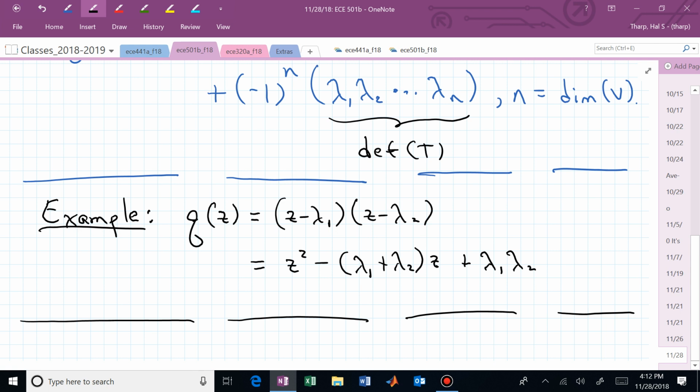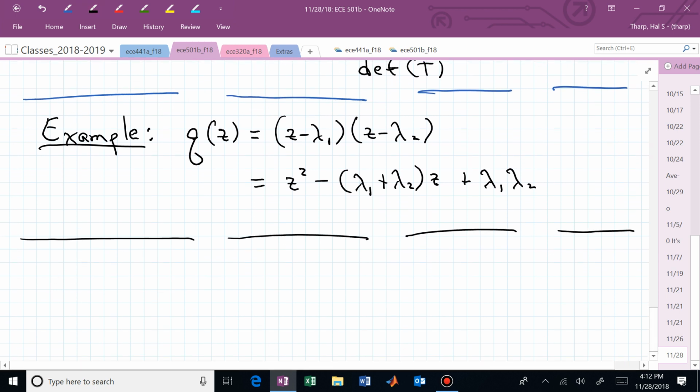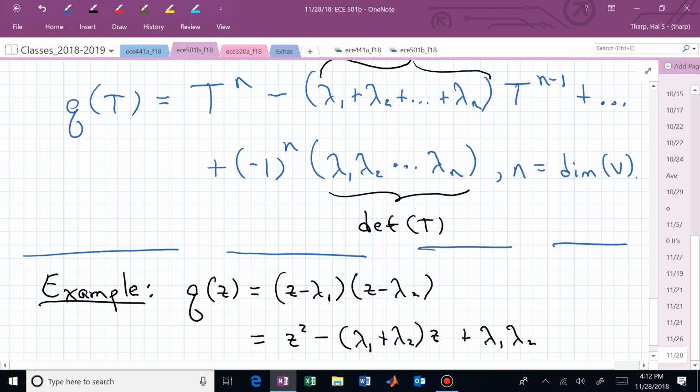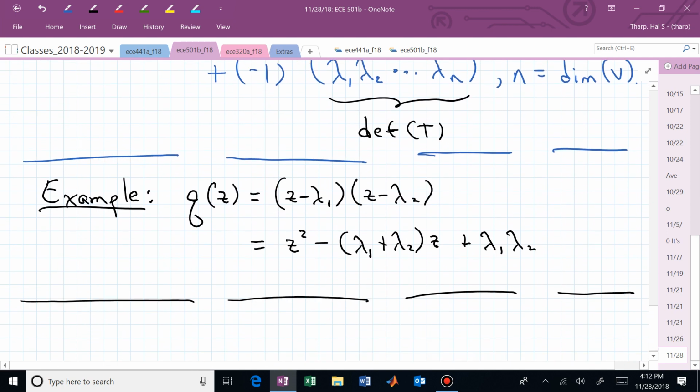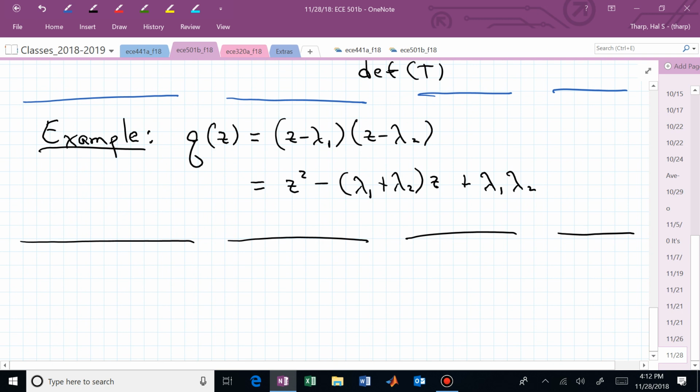And then you have the intermediary terms between the n minus 1 power and the z to the 0 power, but here you don't have those because it's second order. Just as an example of connecting this more general description of the characteristic polynomial and a second order example, just to get our feet on the ground.